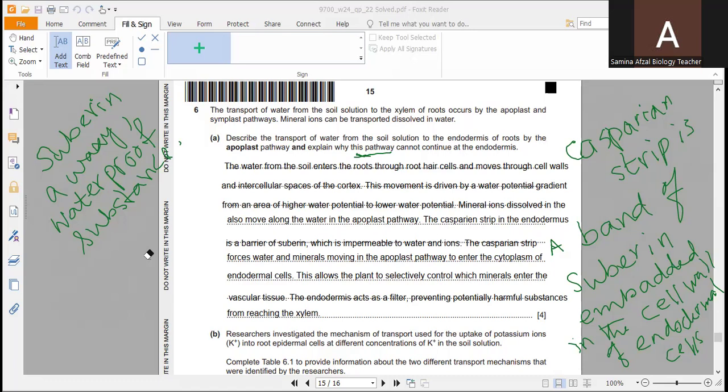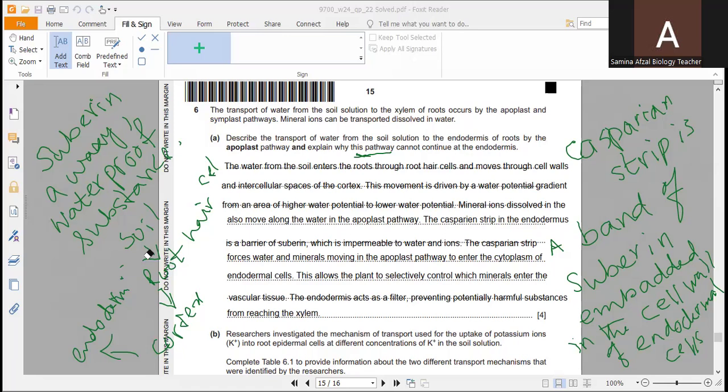The water is at higher water potential in the soil, then it enters through root hair cells, from soil to root hair cells, and then from root hair cells to cortex, cortex to endodermis. So in this way, water movement takes place. This movement is driven by water potential.